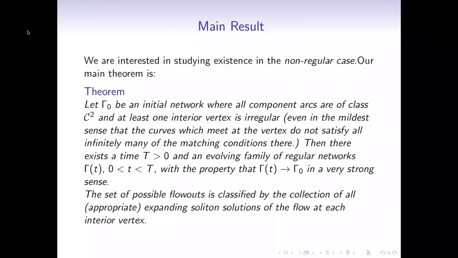There was a similar result before, not many years ago, by Tom Ilmanen, Andre Neves and Felix Schulze, but their methods are different, and their method has advantages in certain situations. They can prove uniqueness in certain situations, but our methods apply to a more general class of networks.